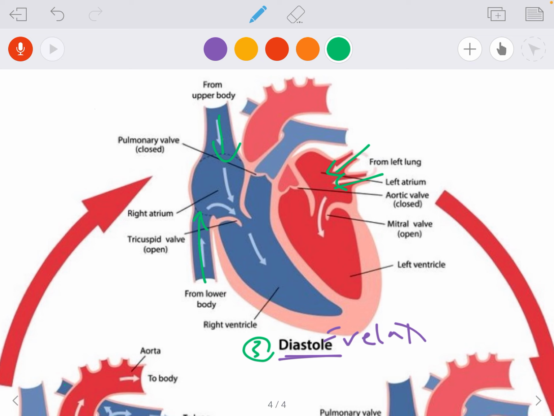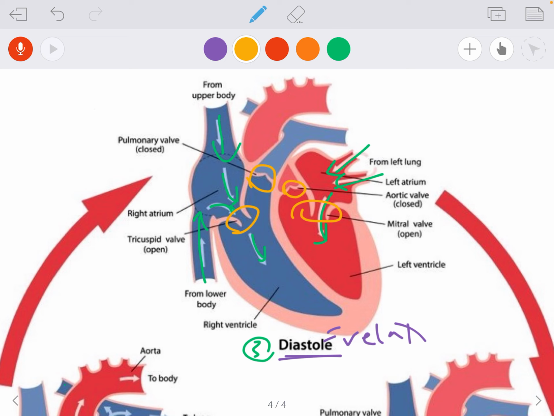Now the blood has flowed back into the two atria, and then from the two atria to the two ventricles, slowly. This phase is called diastole. As you can see, during this phase, what valves are open? The atrioventricular valves are open. They just allow the flow of blood. But the semilunar valves must be closed.